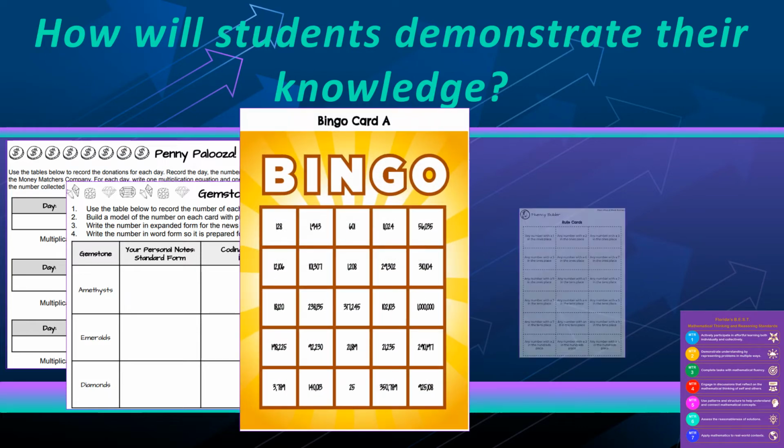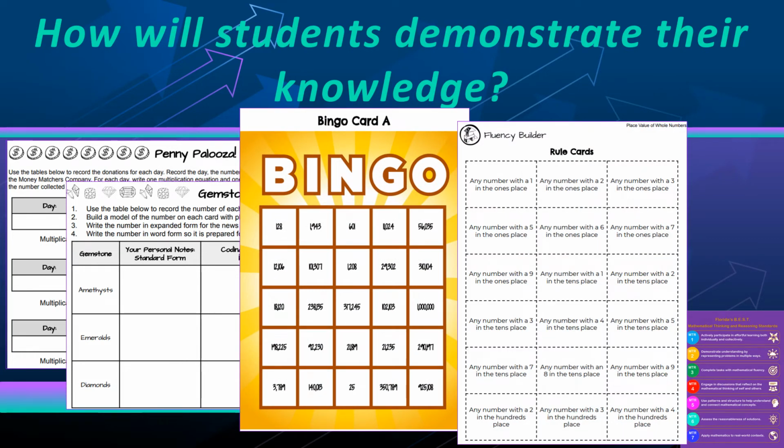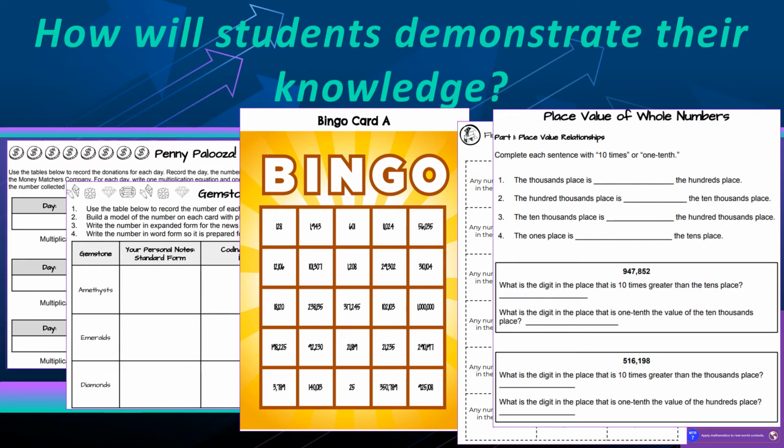You might see bingo, where they're using rule cards to determine which numbers represent that rule. And then you also have another example of a show what you know, where you might see them looking at the relationships and really diving into what the digits represent based on their place value.